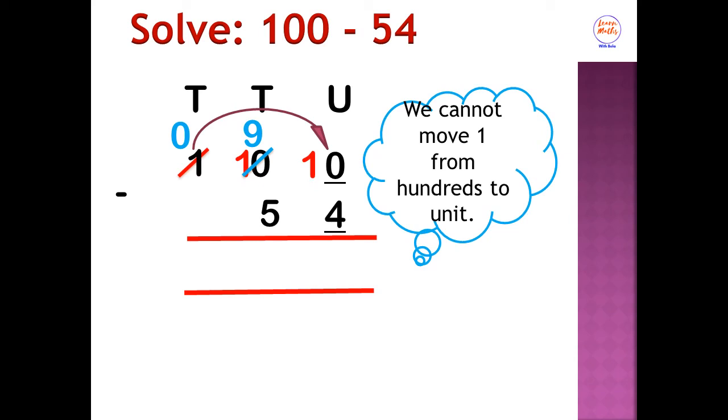Then we bring the 1 to the unit part. Don't forget that the reason we went through this procedure is because you cannot just move from 100 to units. 10 minus 4 is 6. 9 minus 5 is 4.